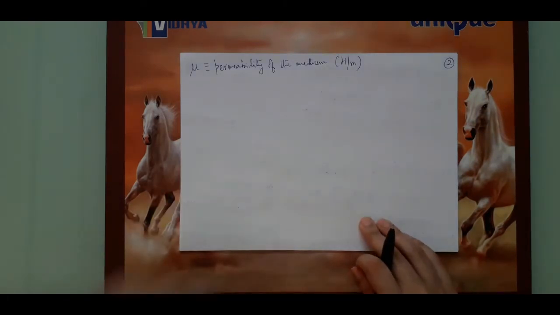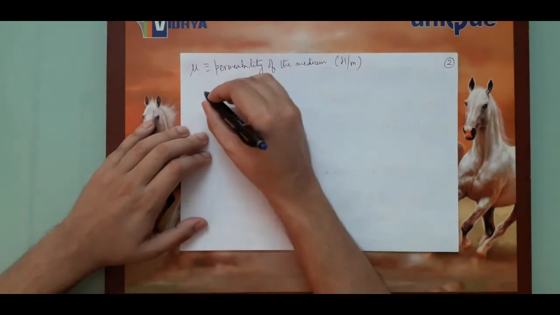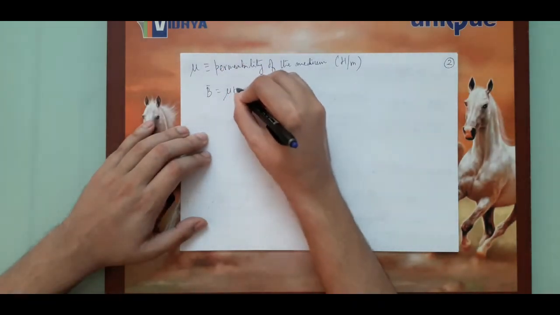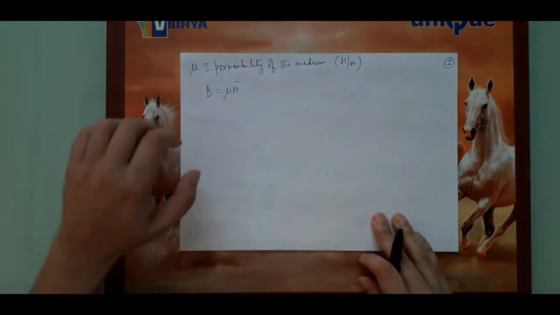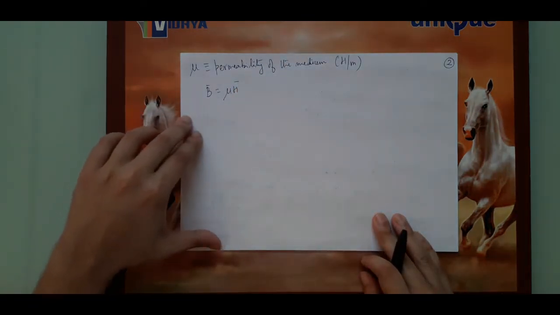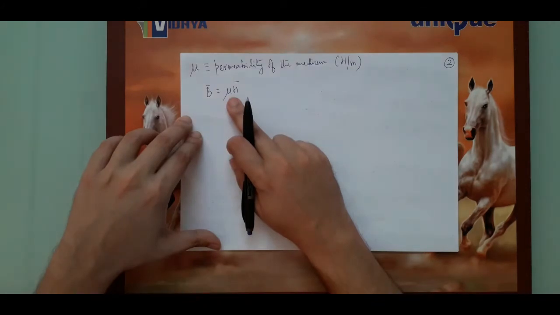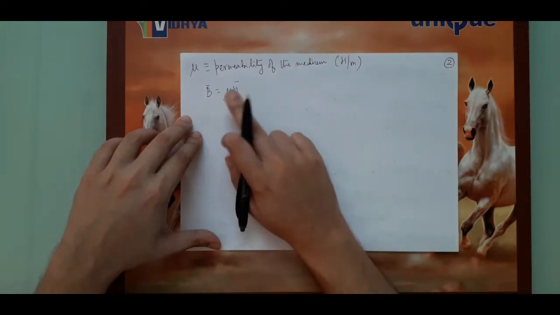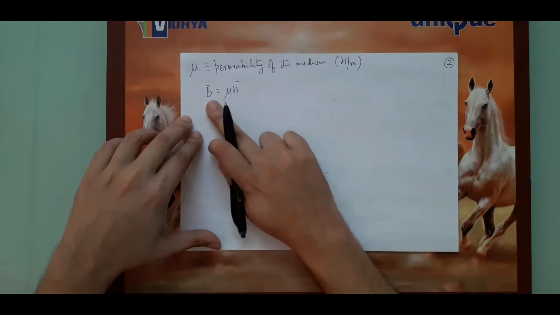So we just established that B is nothing but mu times H. So if mu becomes higher, the B will also become higher. If mu becomes low, B will also become lower.